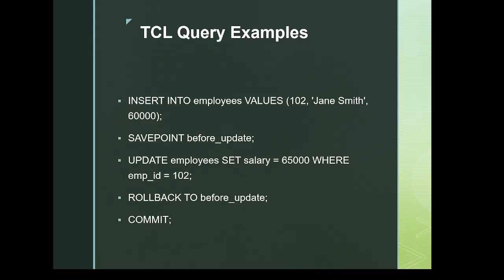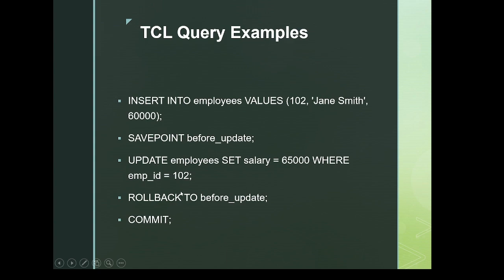Now let's see a few examples based on the TCL. Here in the first example, we insert a record and we create a savepoint. Now, after creating the savepoint, we have updated the salary for the employee number 102.